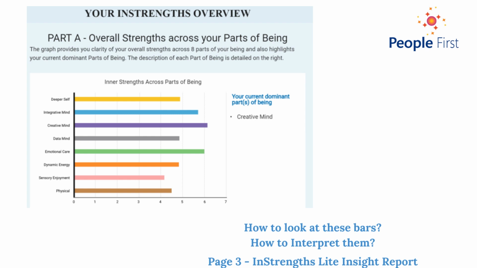Now the next, if you come from the bottom, the 2nd, 3rd, 4th from the bottom, those 3 represent your life energies. On page 6, this is the one on the left. The sensory enjoyment, the dynamic energy, and the emotional care. So you will take these 3 and look at what is the pattern between them.